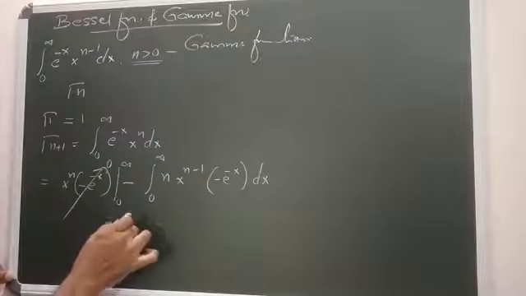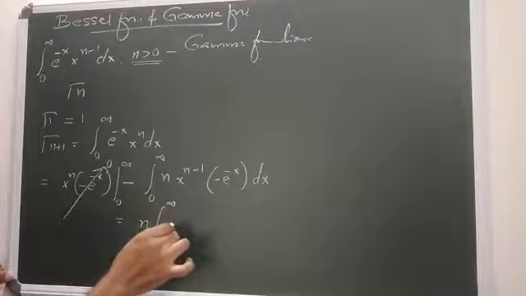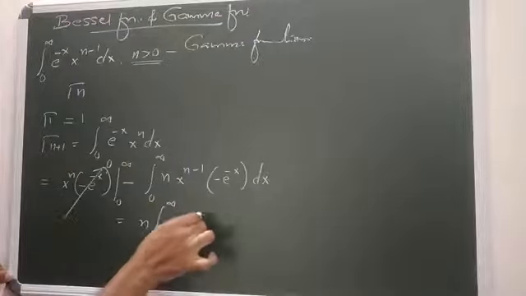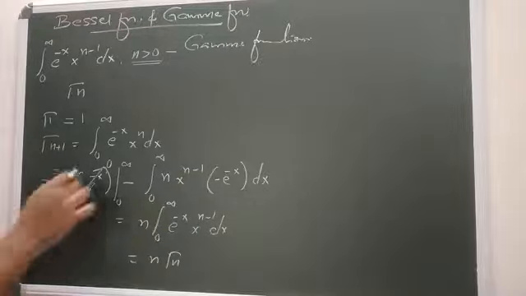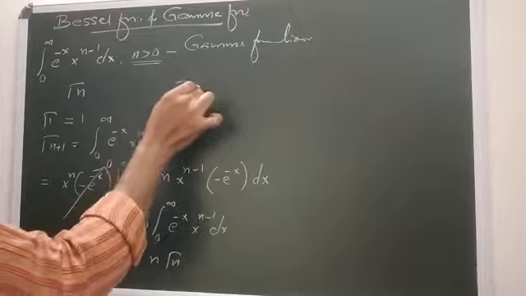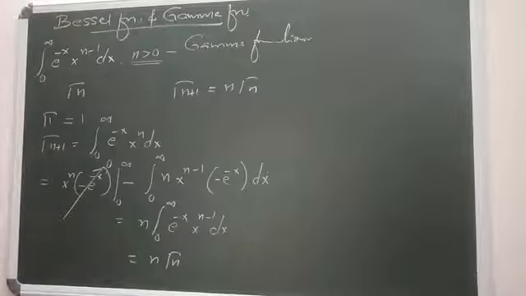Minus of minus is plus, so it is n into integral 0 to infinity e power minus x, x to the power n minus 1 dx, which is nothing but gamma n. So finally we got gamma n plus 1 is n into gamma n.